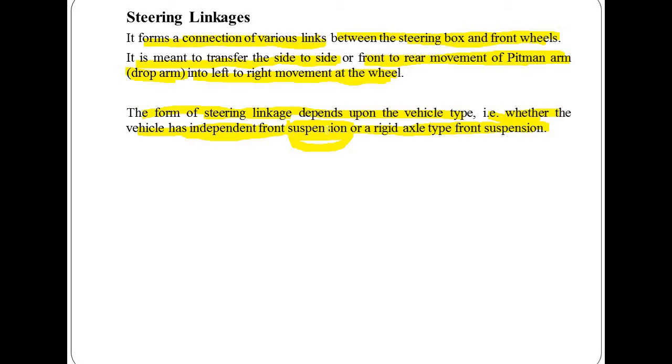Independent suspension means all the wheels have their own suspension system, but in the rigid axle type, all the wheels are connected through the rigid axle over which the suspension system is connected. We are here to discuss steering linkages. The suspension system we will cover in coming videos.